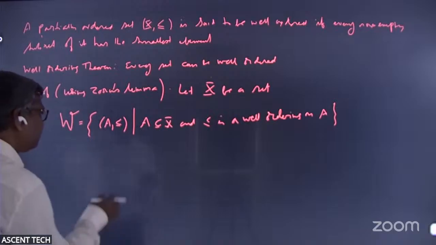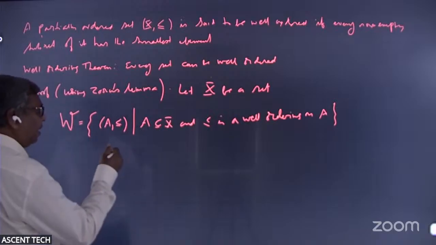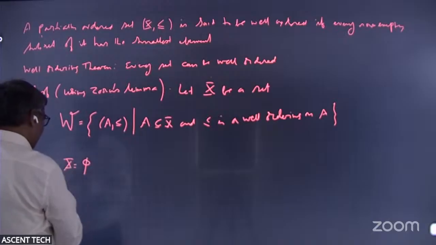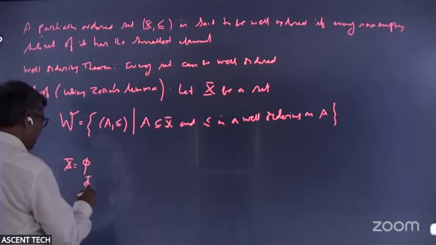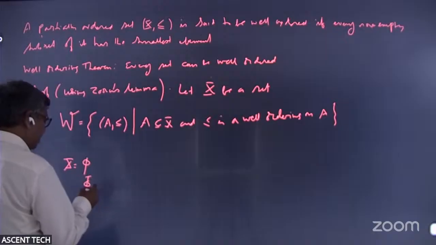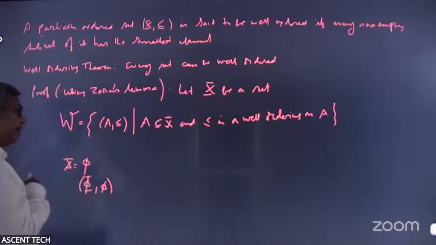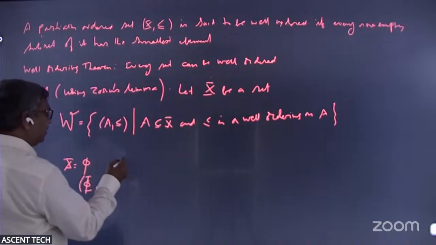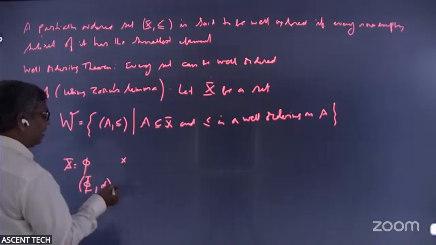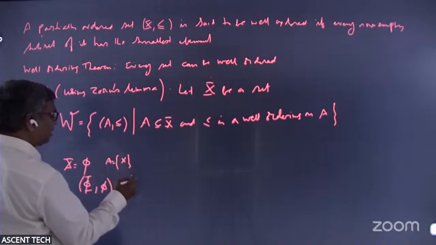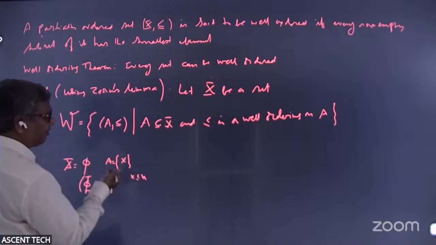That's very easy. Of course, if X is the empty set, then I will take the empty set itself with the empty relation, and this becomes a well-ordered set. But if X has some elements, I take one element x of X, and A consists of that x, with x less than or equal to x. That's the ordering, and it is a well-ordered set.